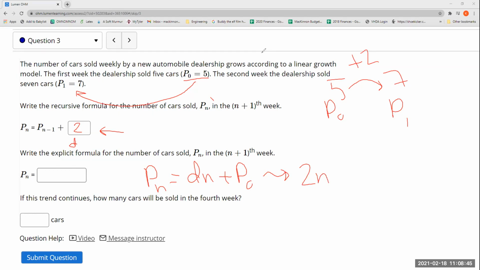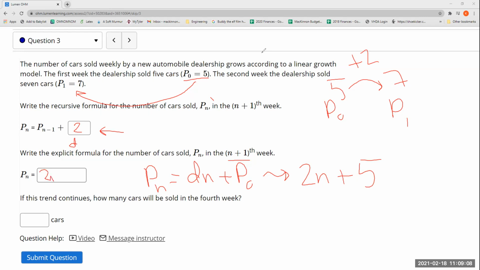So I need to know the initial value, which isn't terribly tricky, but if you use the n plus first week, we'll get there. P0 is already given to me, that's 5. Boom. There we go.